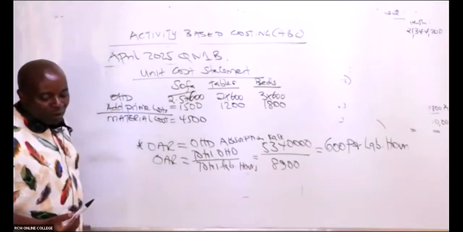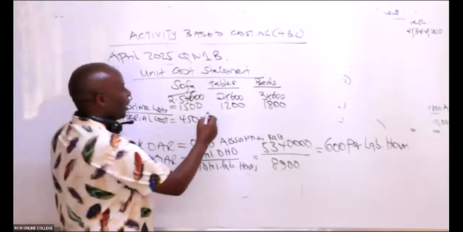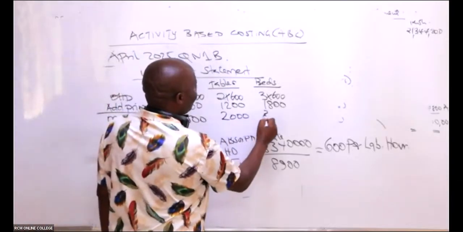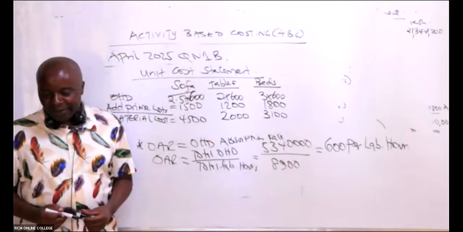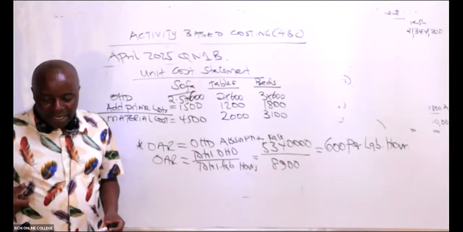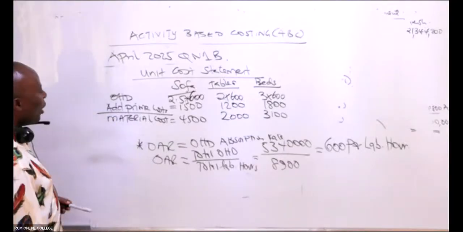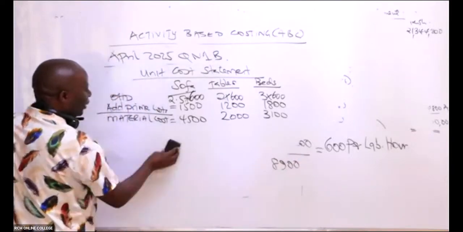How about one table? Tables will be 2,000, right? And then what do we have for beds? 3,100. Yeah, so that is materials. How about labor cost? Are you able to see the labor cost, my good students?